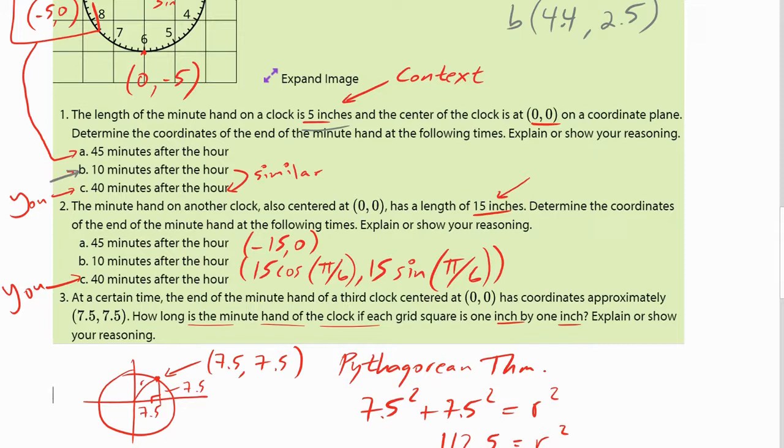Now, is there another way to do this? Yeah, there is. 7.5 comma 7.5, that right there is actually a 45-degree angle. All right, that's a 45-degree angle. So this is another way you could have done it.